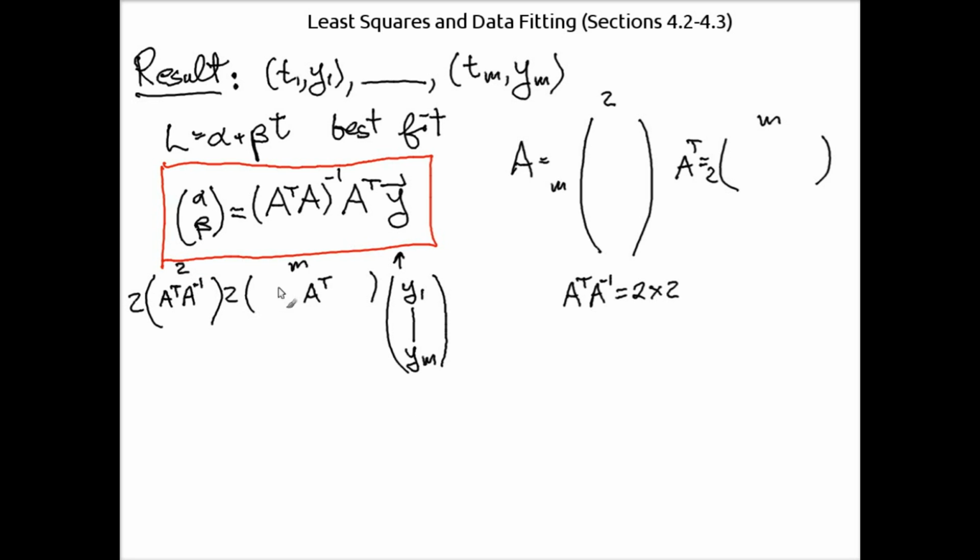Well, when you multiply a 2 by m by an m by 1, what you get is a 2 by 1 matrix. Just a 2 by 1 matrix. And then you multiply that by this 2 by 2 matrix, and you get another 2 by 1 matrix, and that's your alpha and beta.